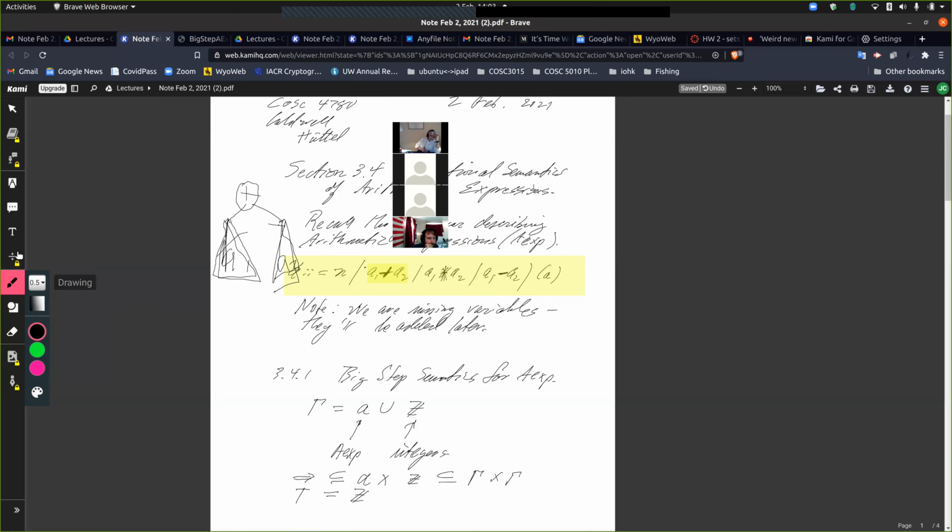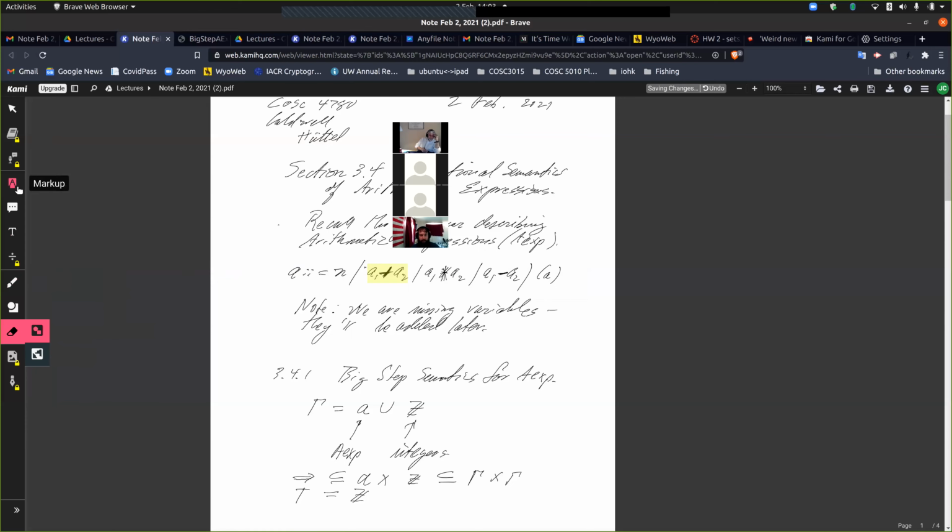One thing I've done here is to make these symbols in the syntax look funny.